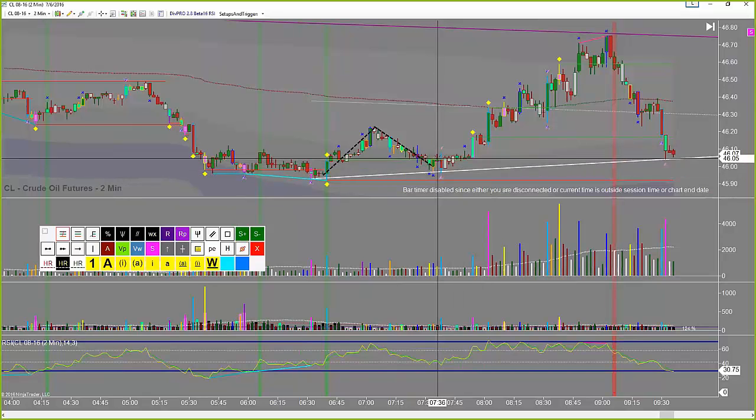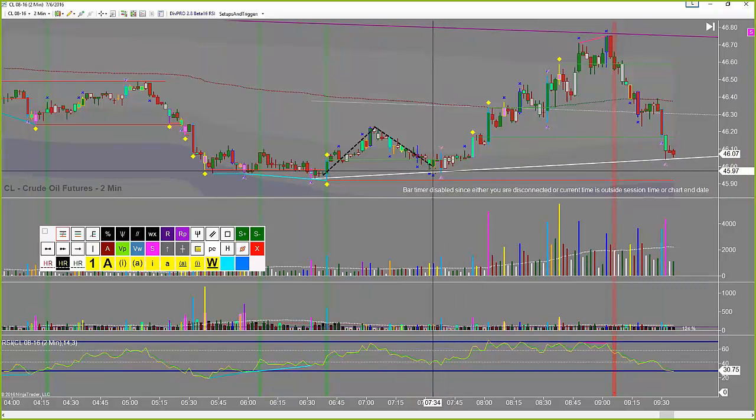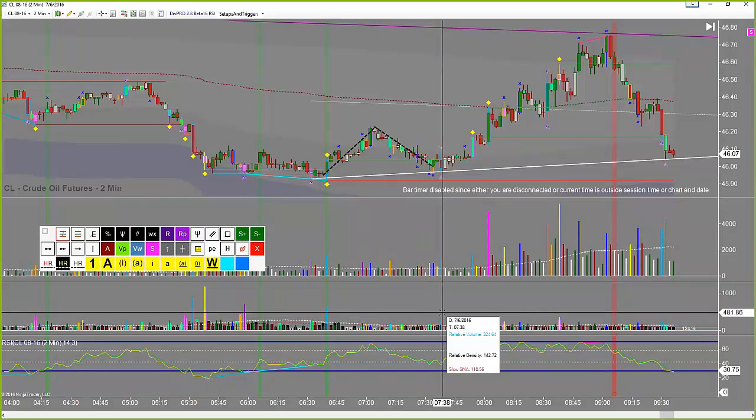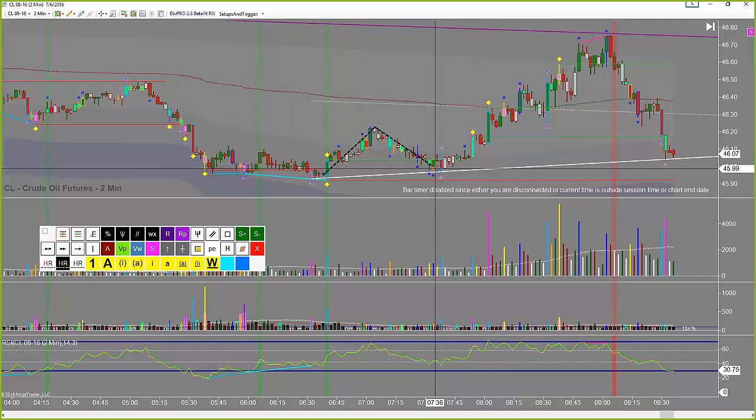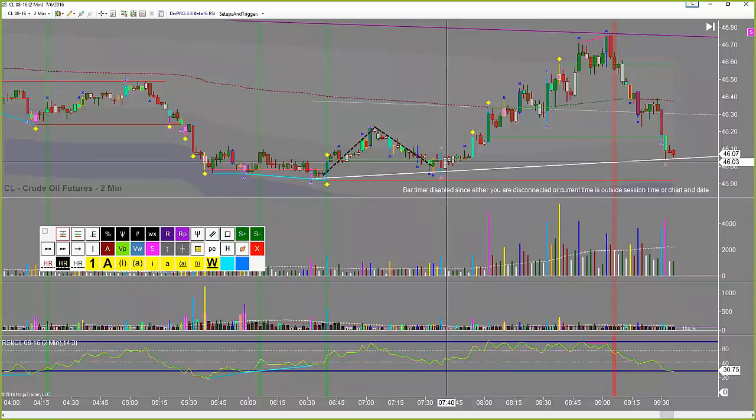And that last bar down, to just barely take out the previous bar's low, is very high relative volume. It's over 320%. Last little selling climax there before the selling dries up, and it just drifts as they allow the selling to wane and then build their long with limit order longs.